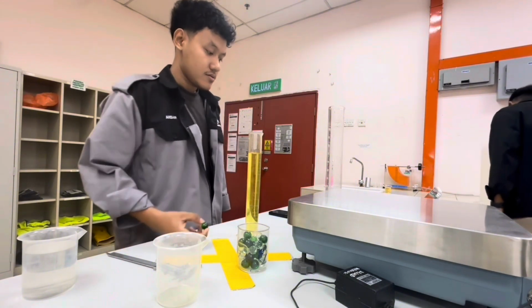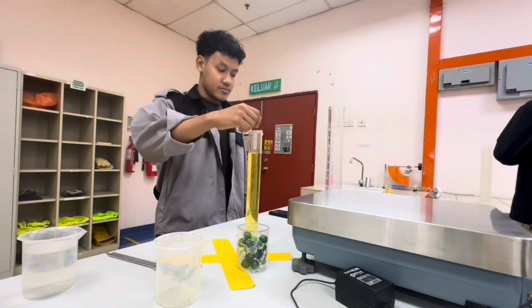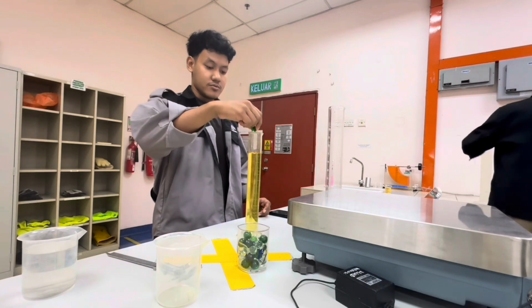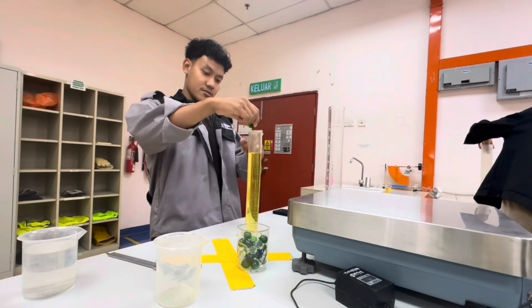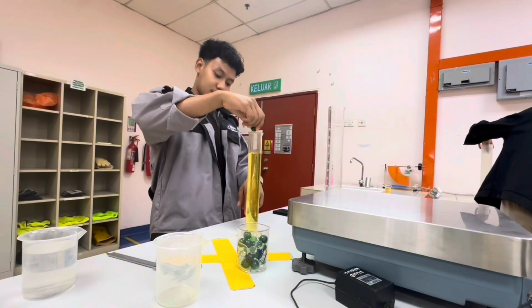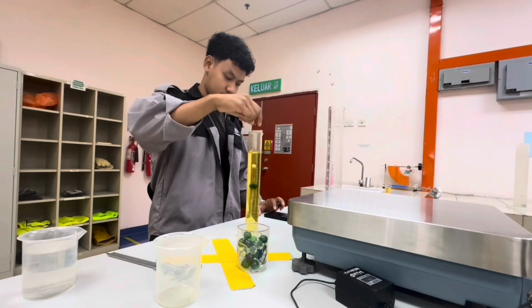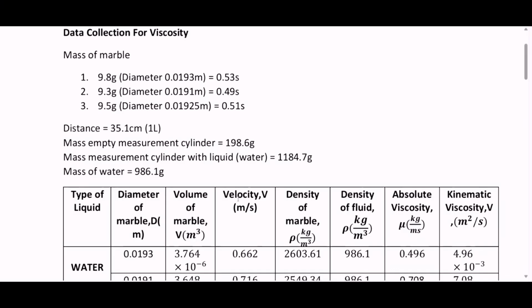Okay, next, take the marble and release it into the measuring cylinder. Before you release, we need to take a stopwatch and then press record when the marble hits the surface until it hits the base. Okay, that's it. This is the data collection for this experiment.